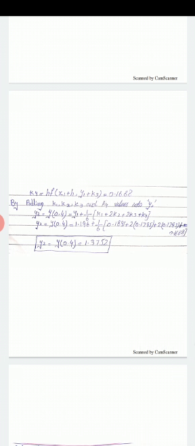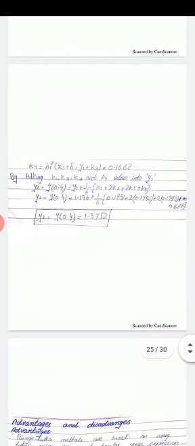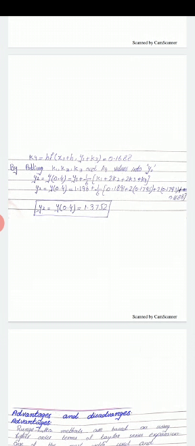Now we have all the required values, so substituting k1, k2, k3 and k4 into y2, y at 0.4 is equal to y1 plus 1 over 6 times k1 plus 2k2 plus 2k3 plus k4, which gives y2 equal to 1.3752.